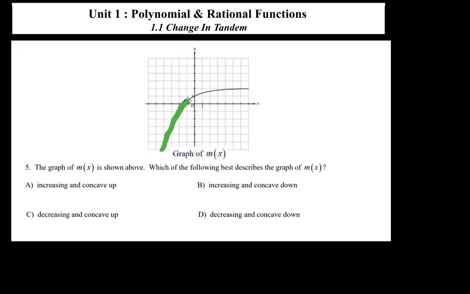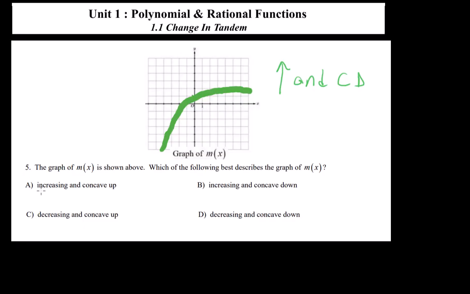Then I'm sharply turning downwards, meaning I'm increasing and concave down. This graph is increasing and concave down.